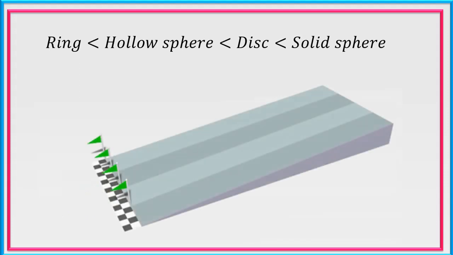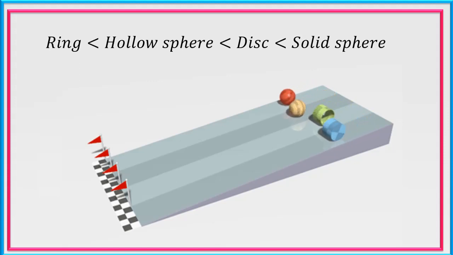Therefore, when rolled down an inclined plane, a solid sphere will reach the bottom, that is reach the ground, at the highest speed. Then a disk will reach, followed by a hollow sphere and followed by a ring.